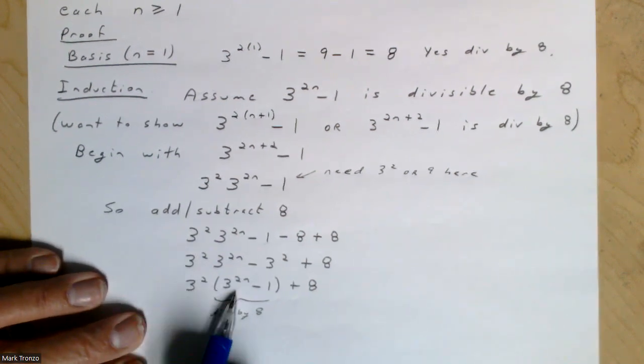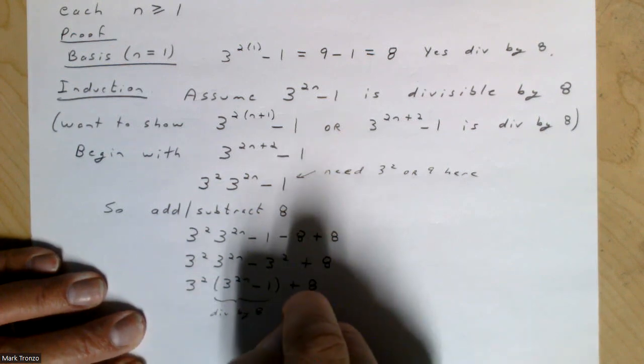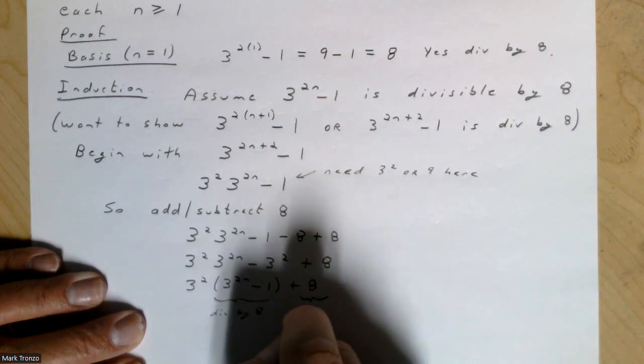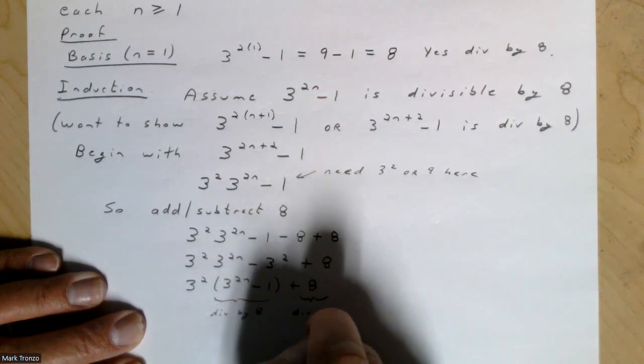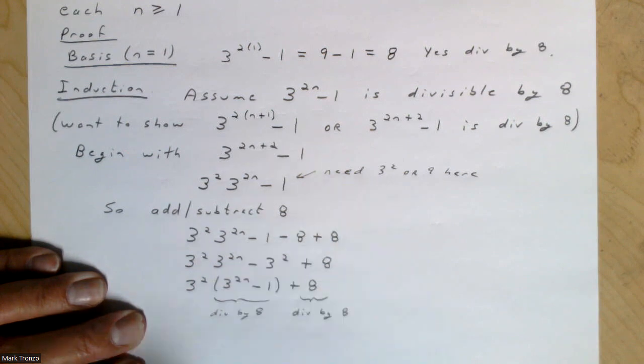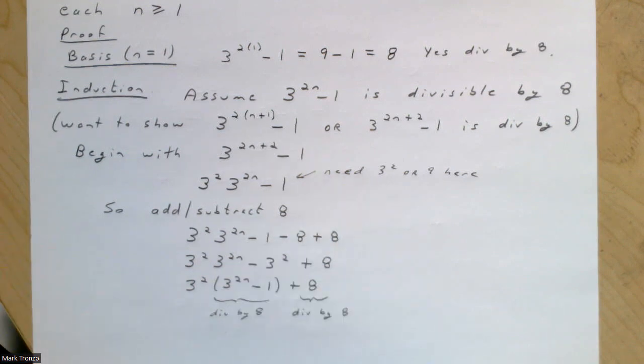And of course, if you have two things multiplied, one divisible by 8, the whole term is divisible by 8. And this is divisible by 8, obviously. And so that's what we wanted to prove.